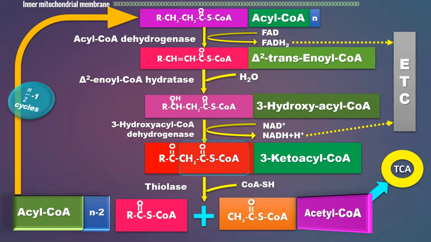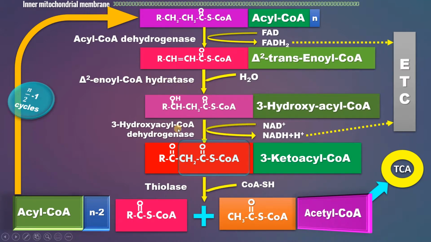I will take palmitic acid as a specific example, and we will calculate exactly how many ATPs are generated after complete oxidation of one palmitic acid. So this is the beta oxidation pathway. You should remember, in beta oxidation there is going to be an oxidation reaction here by FAD coupled acyl-CoA dehydrogenase. And the second reaction here is a hydration by enoyl-CoA hydratase.